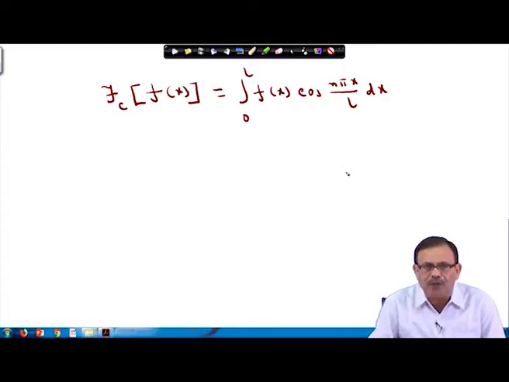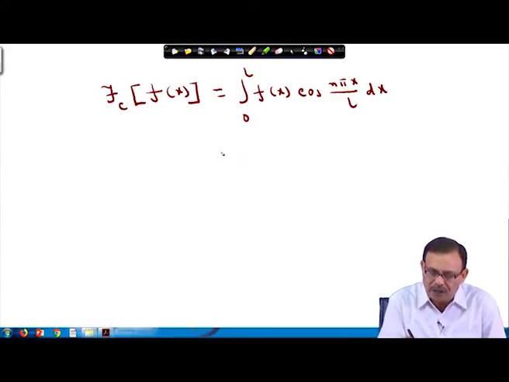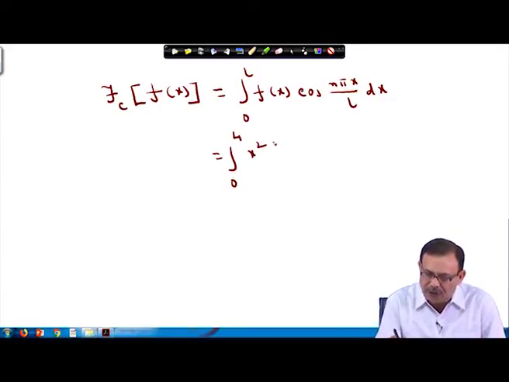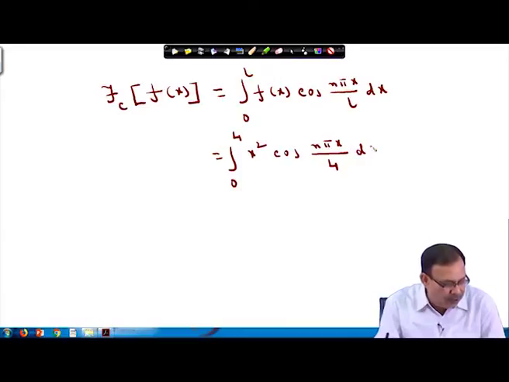In the case of the Fourier sine transform it is f(x) sin(n pi x by L) dx, whereas for the Fourier cosine transform it is f(x) into cos(n pi x by L) dx. Here L is 4, so it is 0 to 4 of x square into cos(n pi x by 4) dx.